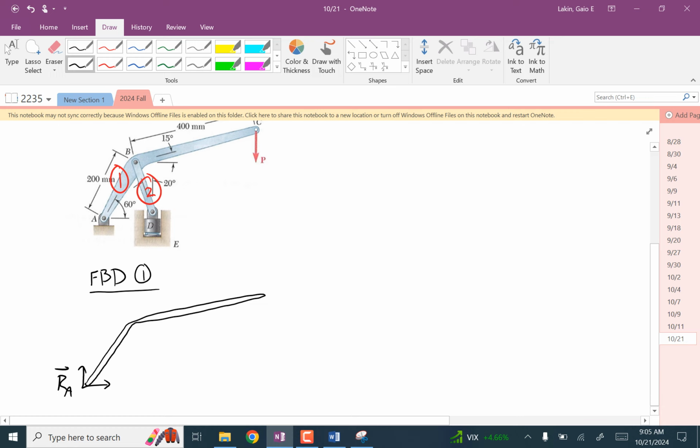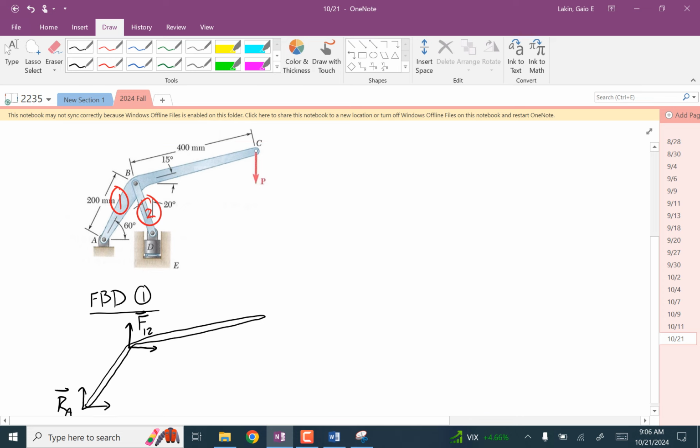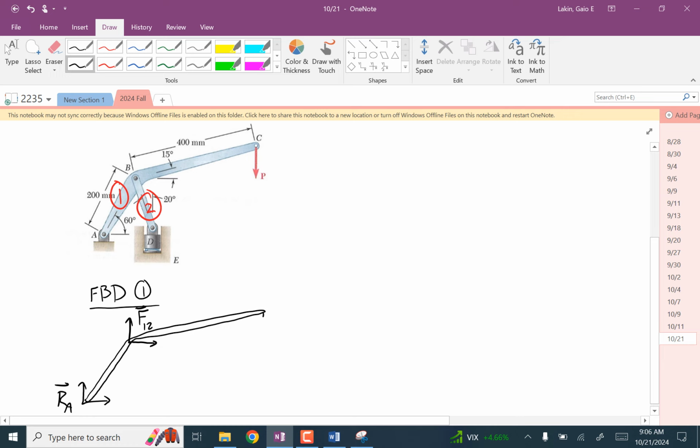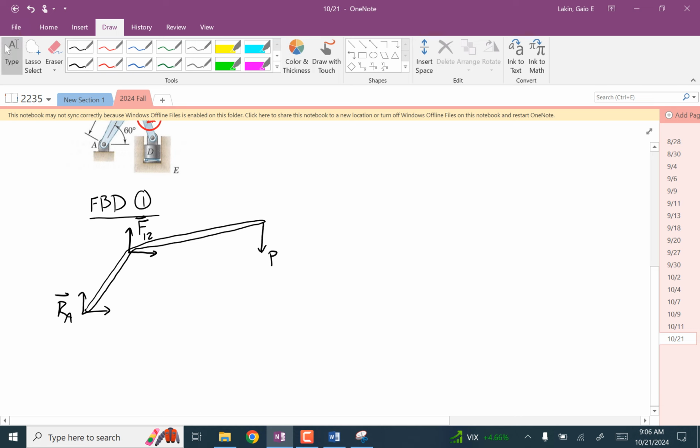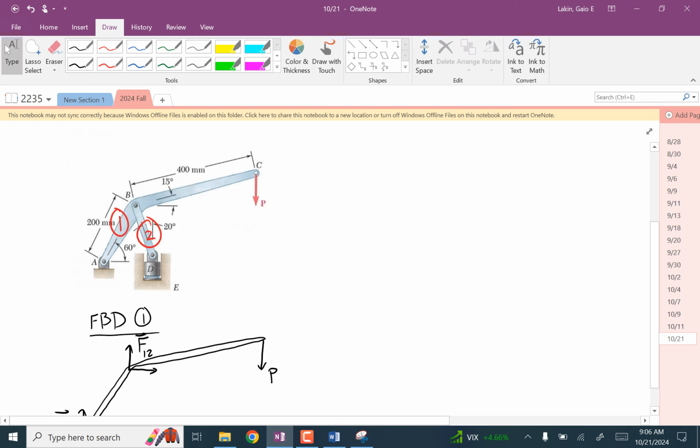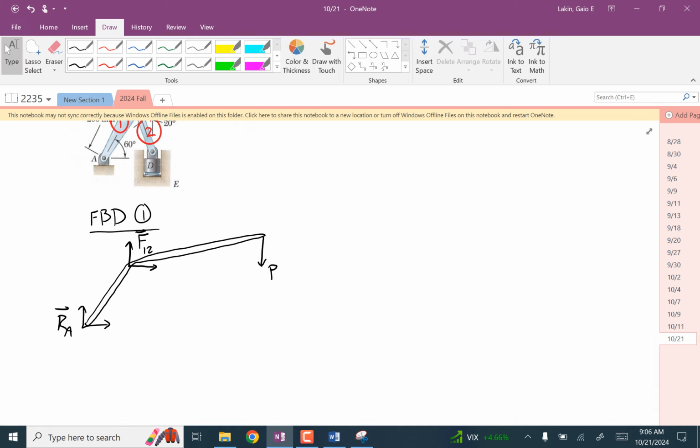And then up here, there's a force on 1 by 2. And then here, there's a force P. And that is everything. It looks like there's some sort of painful geometry on here.